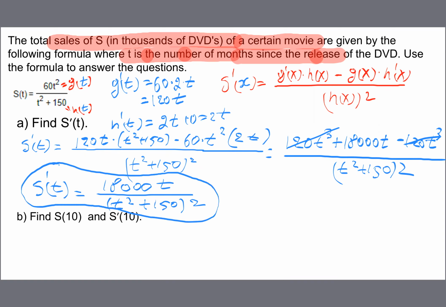Let's find S of 10. S of 10 means total sales after 10 months.